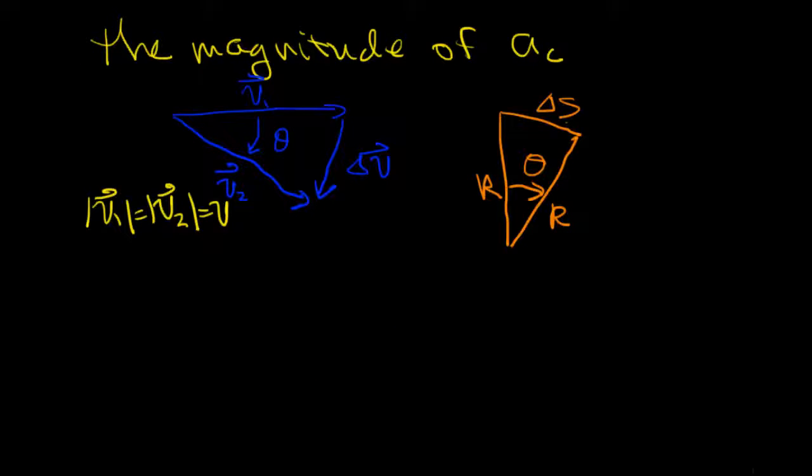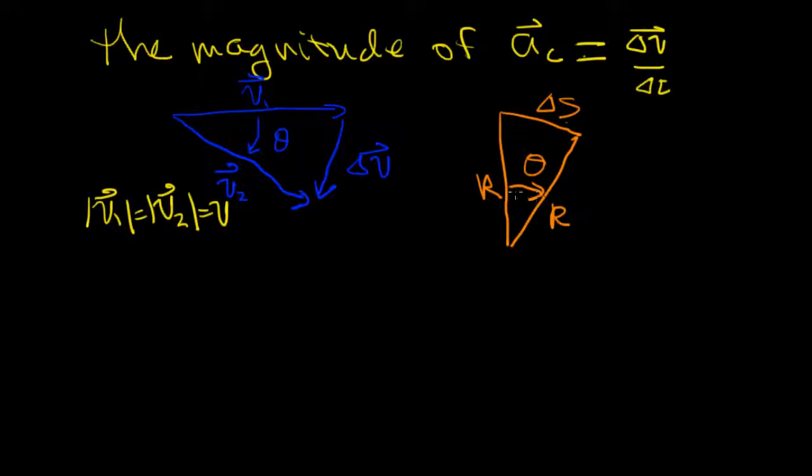So we're going to continue determining the magnitude of the centripetal acceleration. And we can just write that as delta v over delta t, right? We're looking for the magnitude of this thing. If I want to call the a sub c a vector, but I want its magnitude. And so what we've already learned is that we have these two triangles, one that's made by the velocity v1, v2, and the change in velocity, and the other one that's made by the two radii.